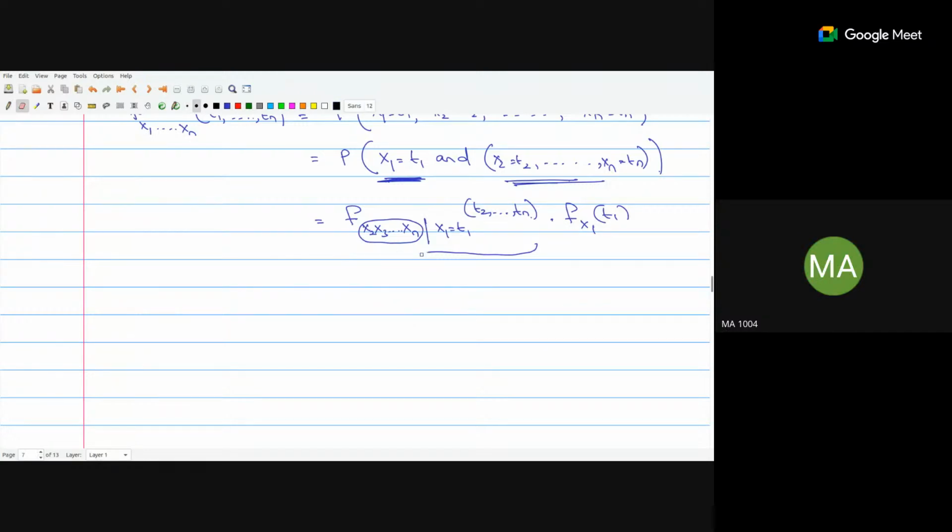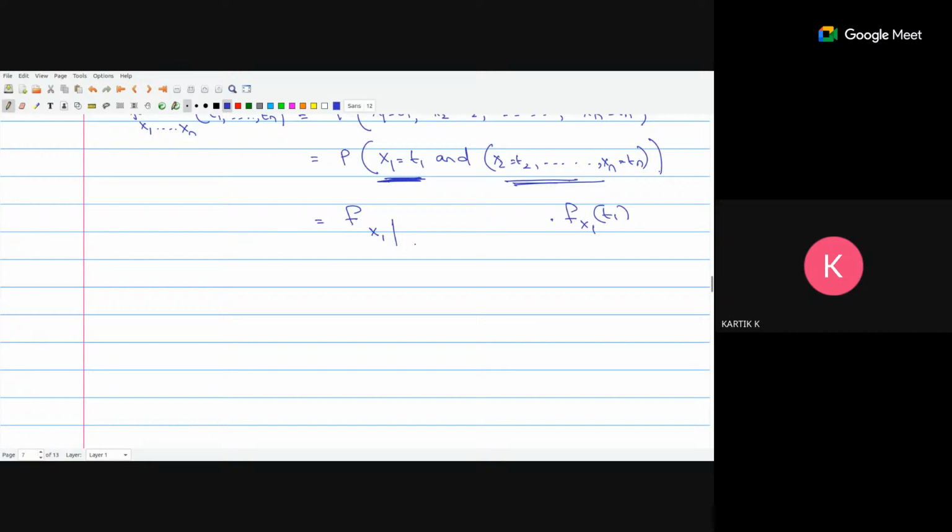So instead, the same thing I can write like this also: X1 conditioned on X2 to Xn. Sir, is it like the probability of X1 equal to t1 times the probability of X2 equal to t2 given X1 equal to t1?